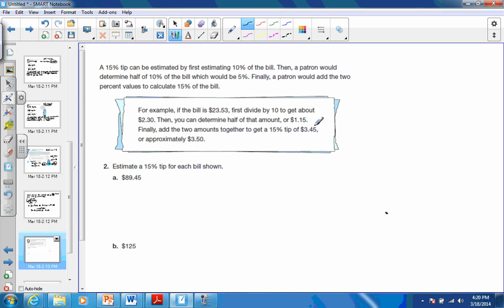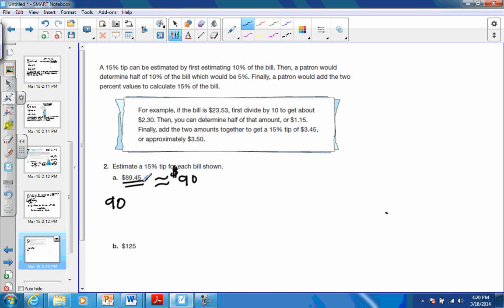So let's go ahead and estimate a 15% tip. In this case, I'm going to take my 89.45 and make that approximately $90. So approximately $90 is what we're working with. I want to first take my $90 and figure out what 10% would be.